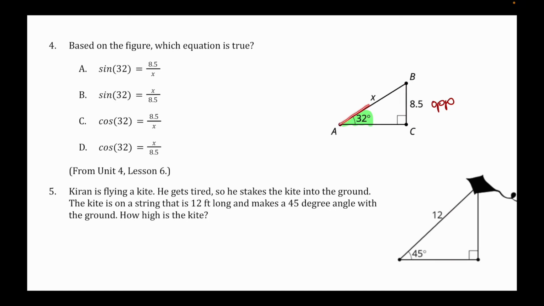The ones that do touch the point of your angle will always be the adjacent and the hypotenuse, and you can just narrow down which is which by realizing your hypotenuse is the one across from the 90. So we have our hypotenuse here, and then the adjacent would be along the bottom.